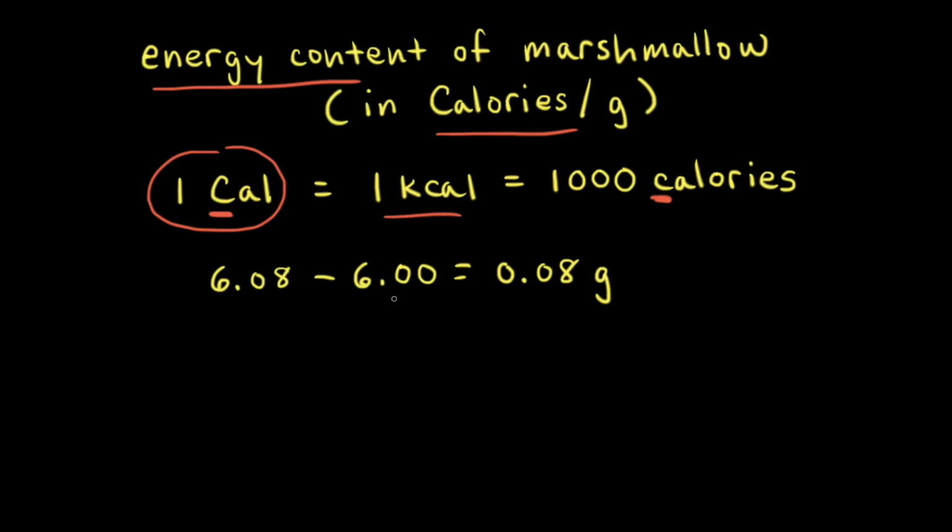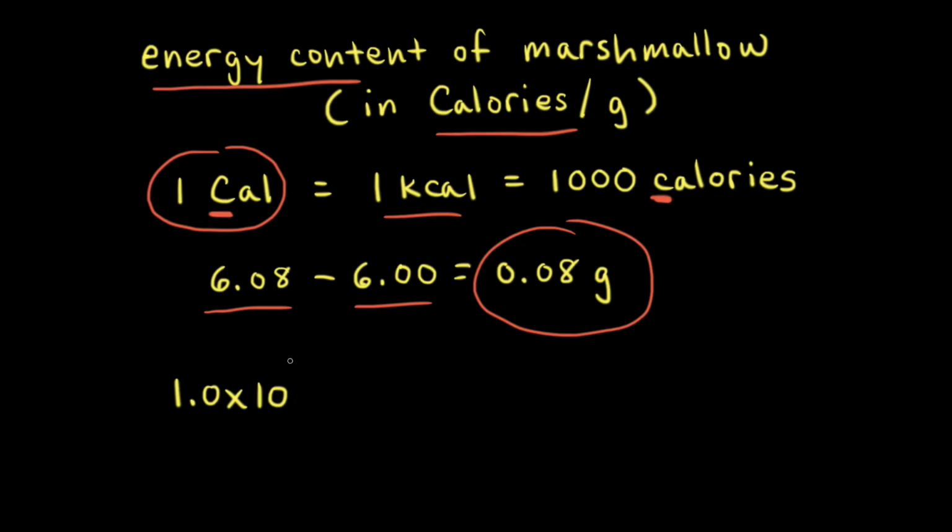When we burned the marshmallow, we started off with a mass of 6.08 grams for the marshmallow, pin, and cork, and the final mass was 6.00 grams, which means we burned 0.08 grams of marshmallows. When we burned the marshmallow, we found there was a transfer of 1.0 times 10 to the third joules of energy.